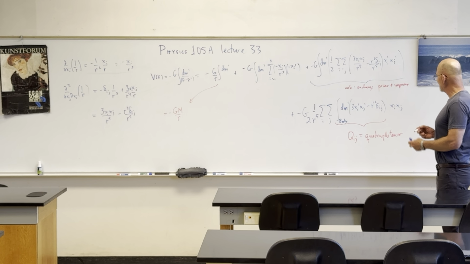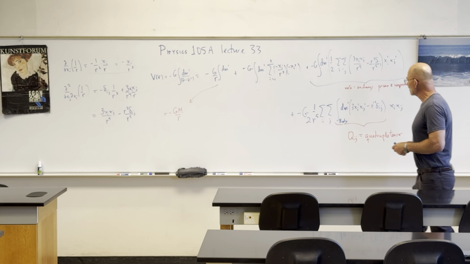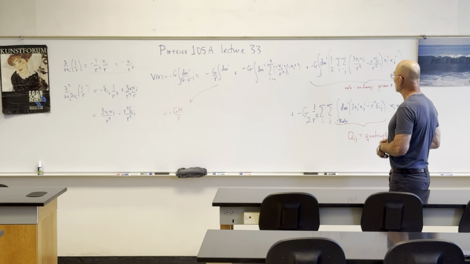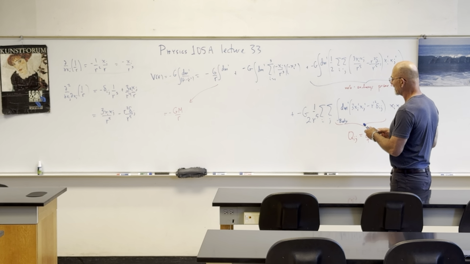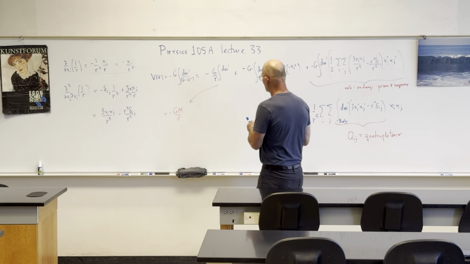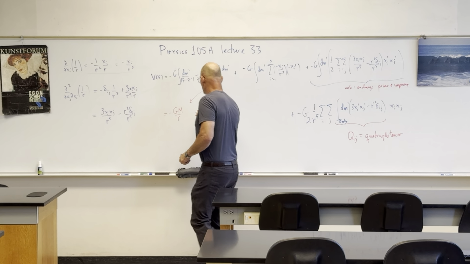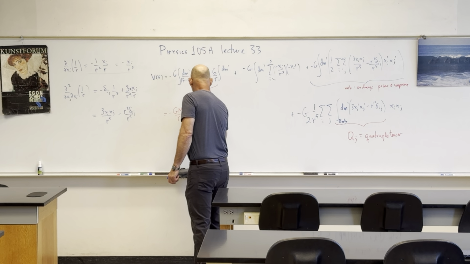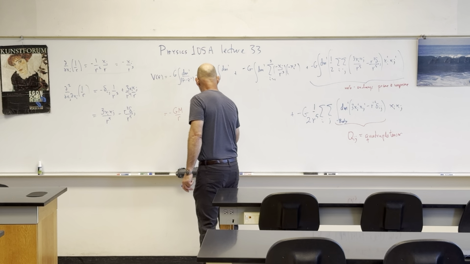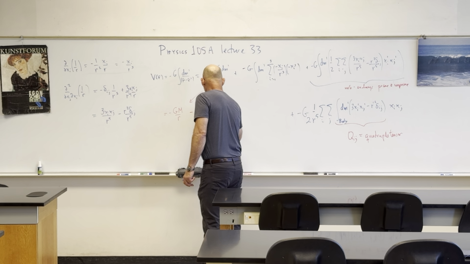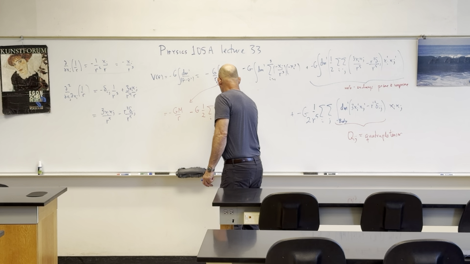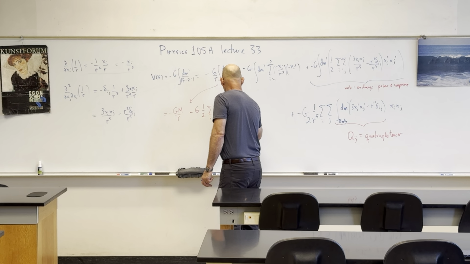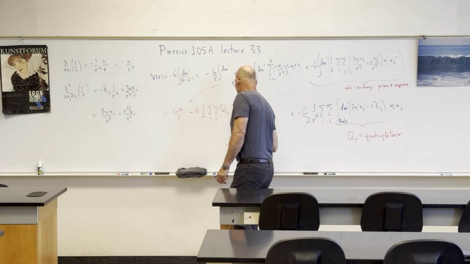But we can now actually write down what we found. So what we have is minus G, 1/2 double sum ij, Qij, xi xj over r to the 5th.